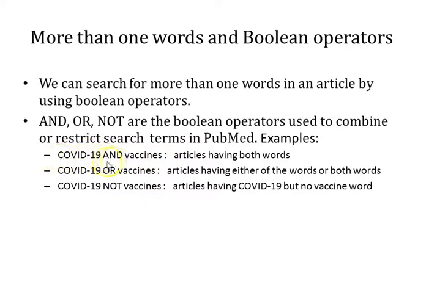If I write AND between the two terms, PubMed will bring articles having both the words. If I write OR between the two words, PubMed will bring articles having either of the words or both the words. If I write NOT between the two words, articles having the word COVID-19 without any vaccine word will appear.